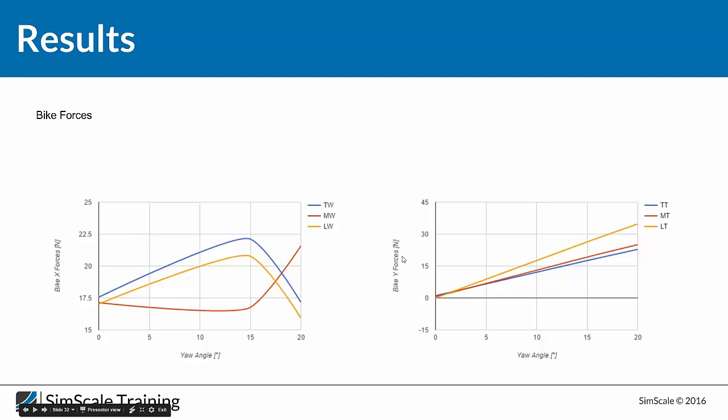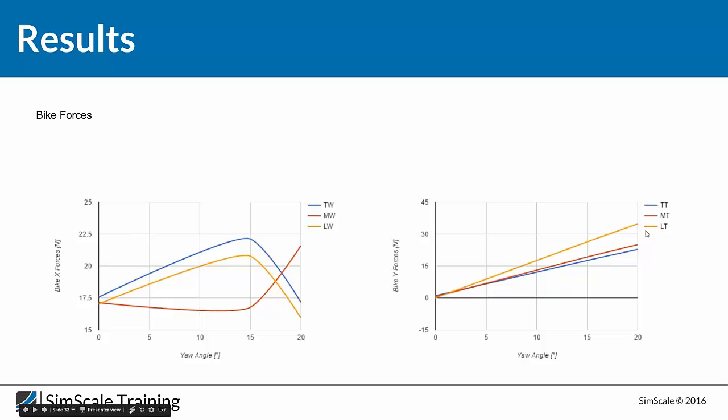From this side we can see the side forces acting on the bike at different angles, and we can see that the large tire, as we have already talked about, creates so much side force and significantly affects the performance of the bike in terms of side wind.